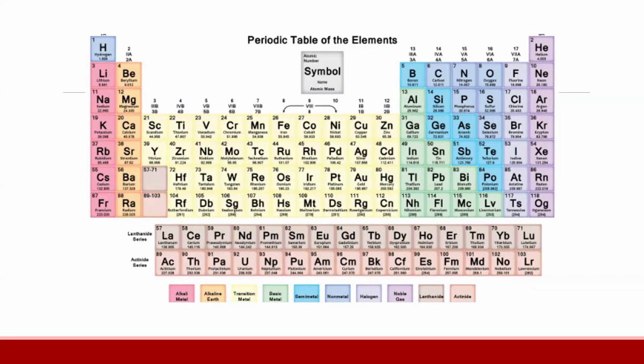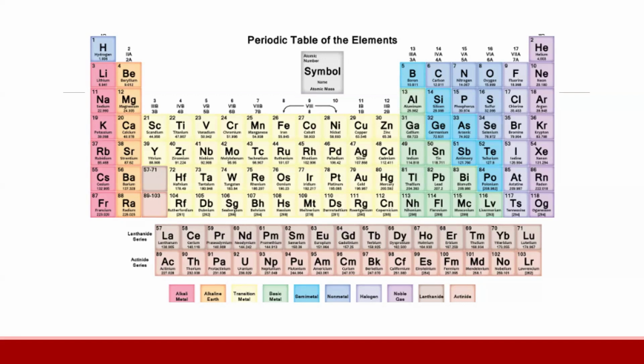We have every element, all the elements organized according to their characteristics. Okay, yes. So all the materials that we have found so far are in the periodic table.